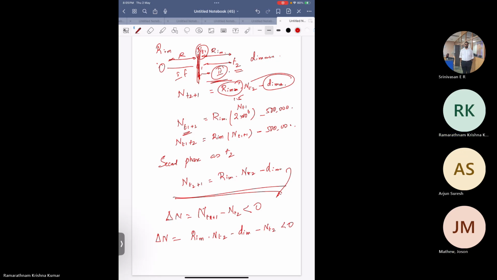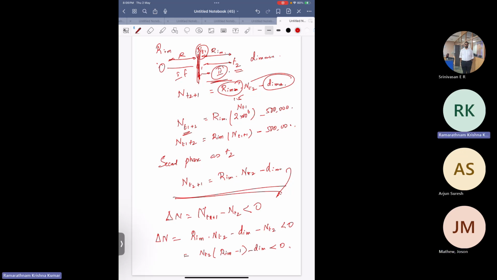Rearrange the terms. N(T2) times (R immune minus 1) minus D immune should be less than 0. That's the equation.